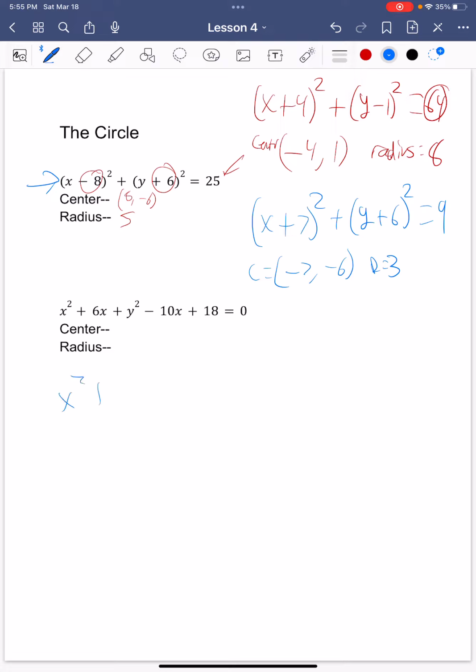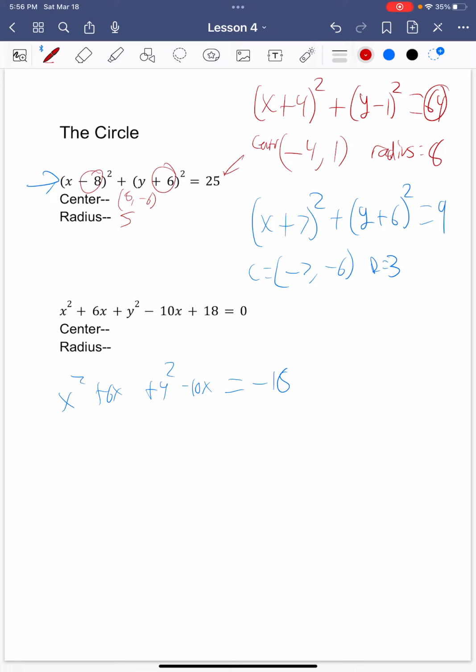So x squared plus 6x plus y squared minus 10x equals negative 18. Now, when we complete the square, remember that the b term, the term in front of the x, when we divide that by 2 and we square that, that should be added to what we already have to get a perfect square.